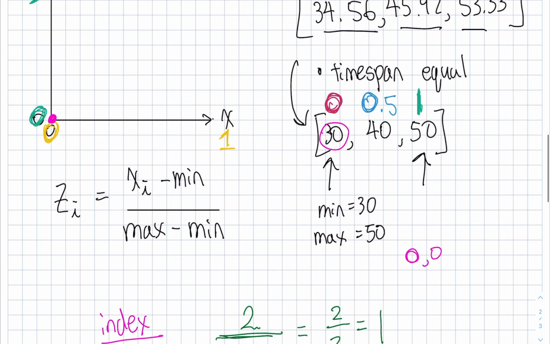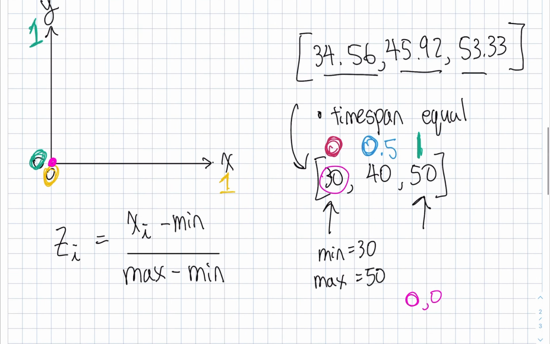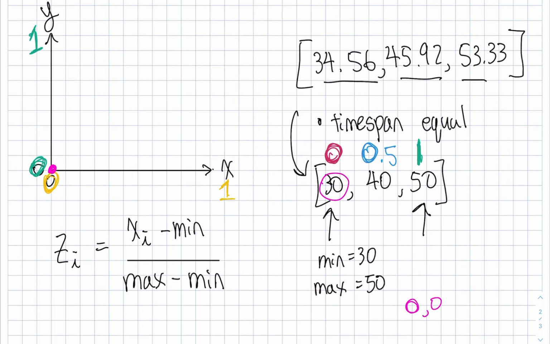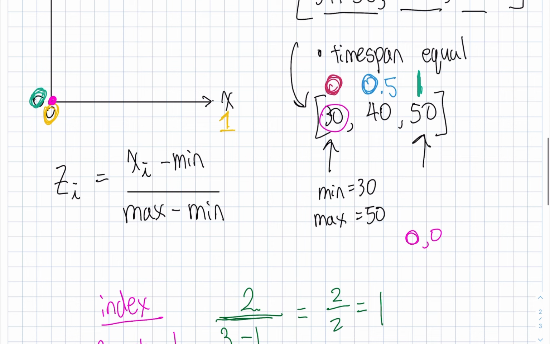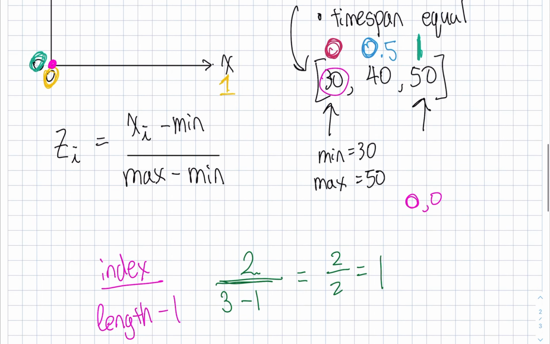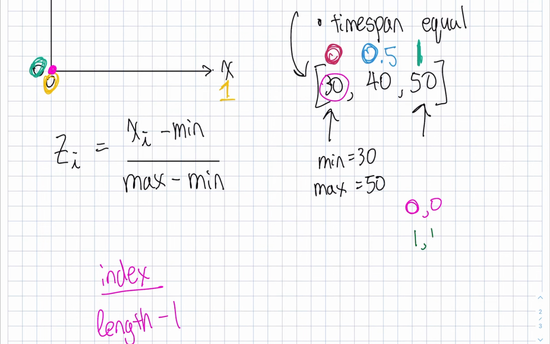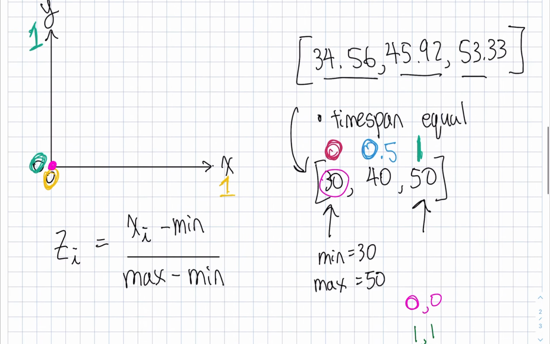That makes sense because the x-axis goes from 0 to 1, and the largest value has to be at the furthest point, which is 1. This is why we subtract 1 from the length. And let me plot that. So 1, 1 is for 50, right here.